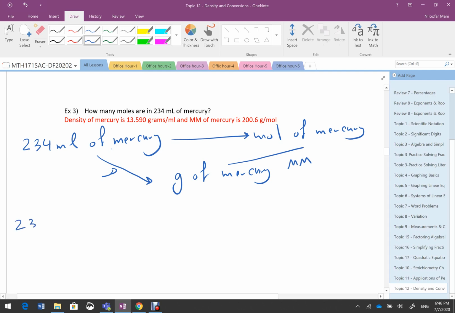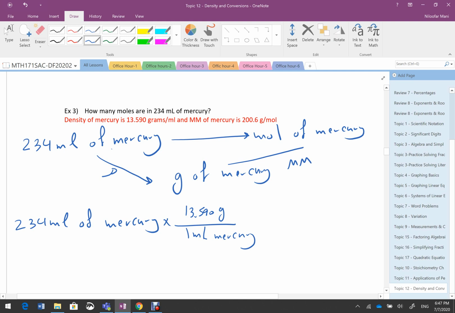Okay, I need to have that information, which is given to me in red. So 234 milliliter of mercury, multiply. Then I want to cancel milliliter of mercury. So 1 milliliter of mercury is 13.590 gram of mercury.